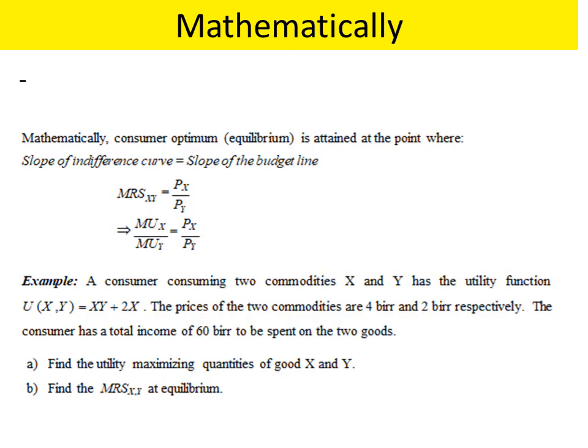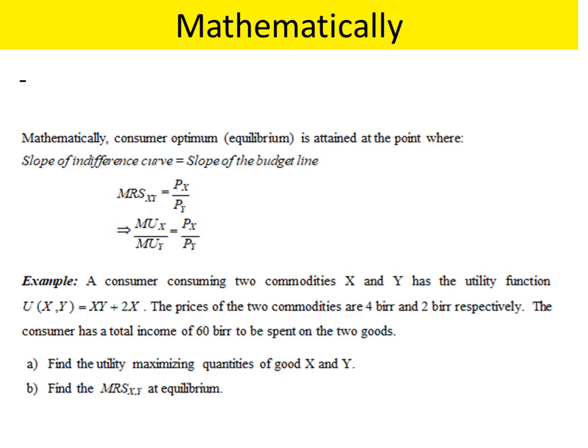The consumer has a total income of 60 birr to be spent on the two goods. This is our constraint, our budget line, our income. It is the boundary that limits us from going above 60 birr, so with this we have to find the maximum point at which we can get our satisfaction.